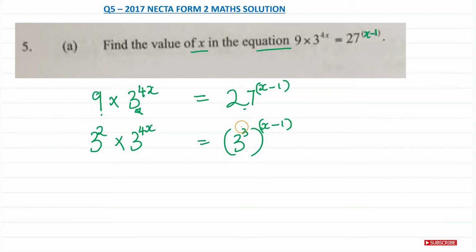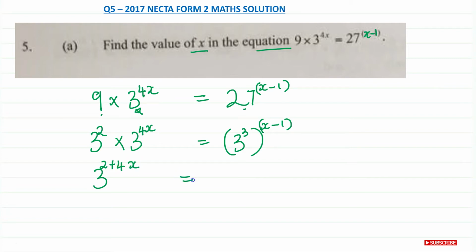Right, what do we do with indices when we multiply? What do we do with their powers? Well, we add their powers. So this now becomes 3 to the power 2 plus 4x.